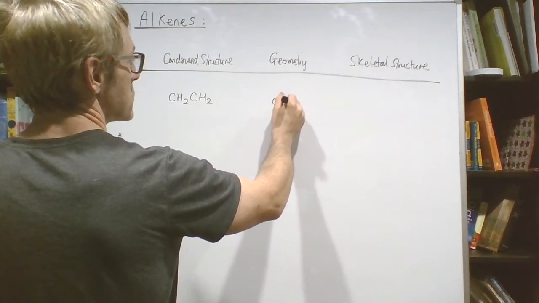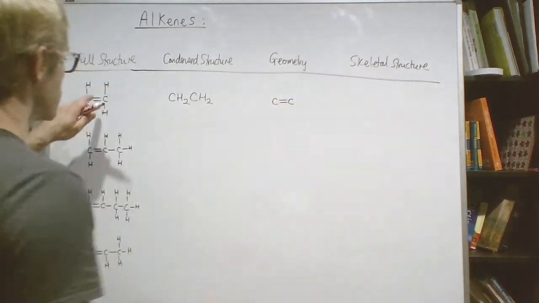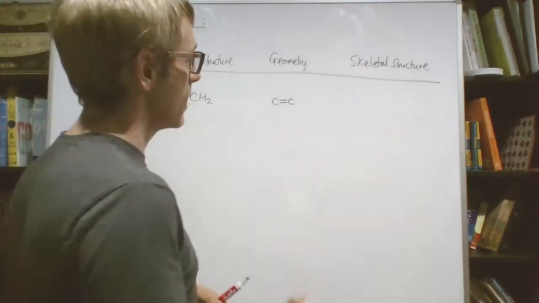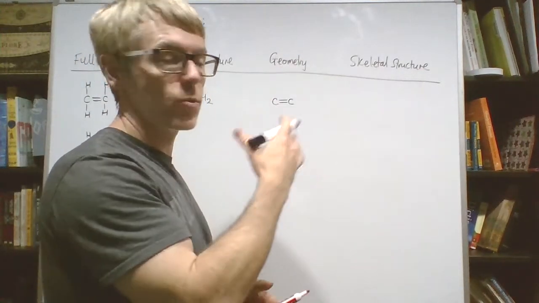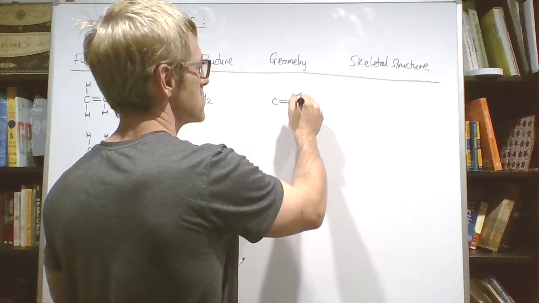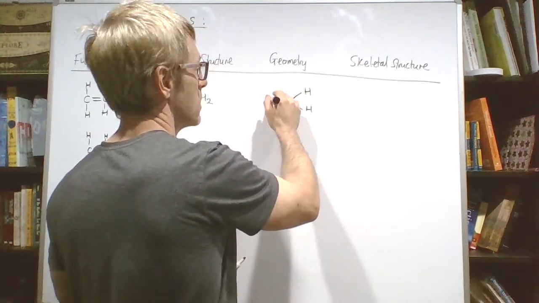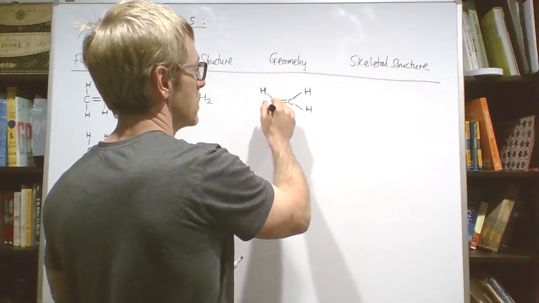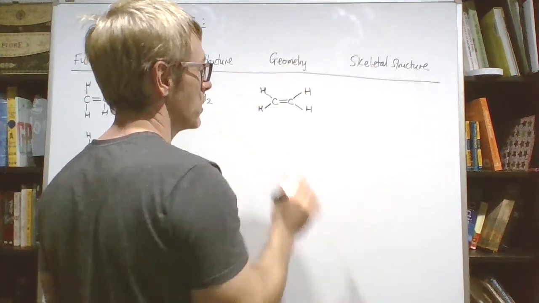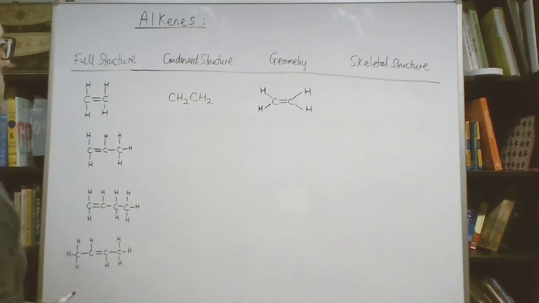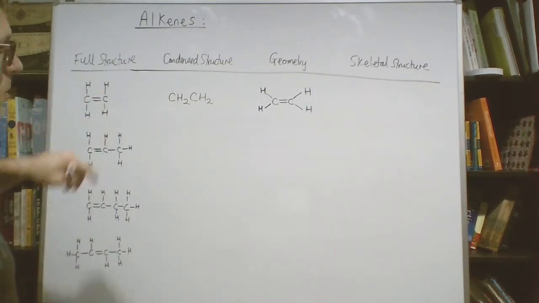And despite the way I've drawn them in the full structure, they actually have a 120-degree bond angle around the carbon. It's a planar structure, but we'd at least have to represent the correct bond angle. So this might be how you put it on a piece of paper for a full structure.